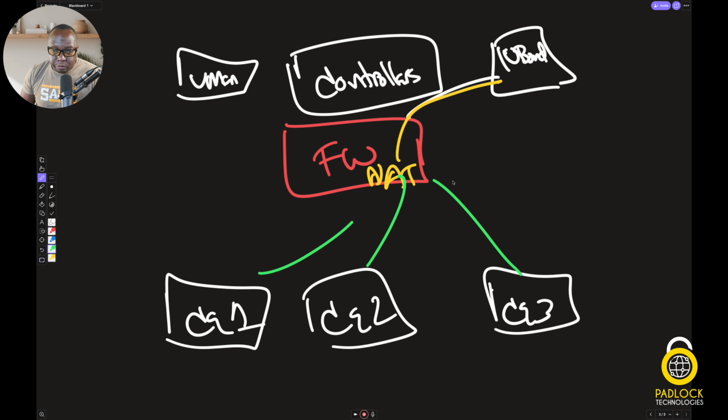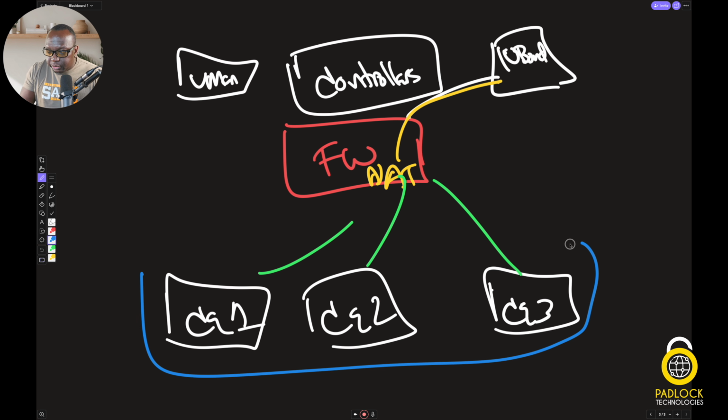And as we all know, internal RFC 1918 addresses are not routable on the internet. So what ends up happening? These boxes end up never being able to be managed because they're looking for an address they can't technically route to. And that's in the documentation, and I got burned on this a couple of times.